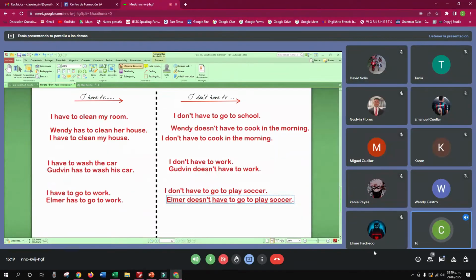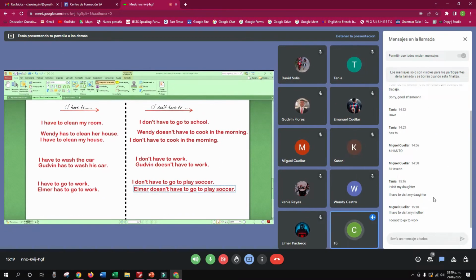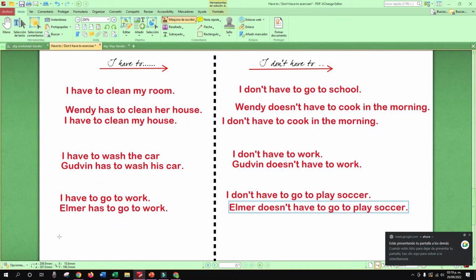Let's check Miss Tanya's sentences. It says, I have to visit my daughter. Perfect. You can say that. I will write that one, Miss Tanya. You can say Tanya has to visit her daughter, right?